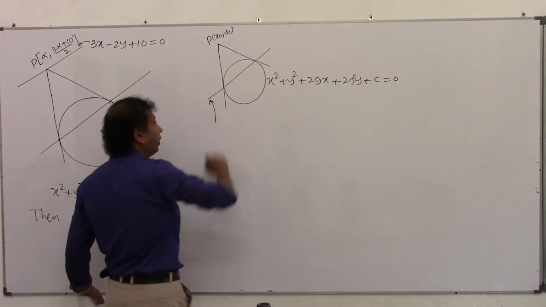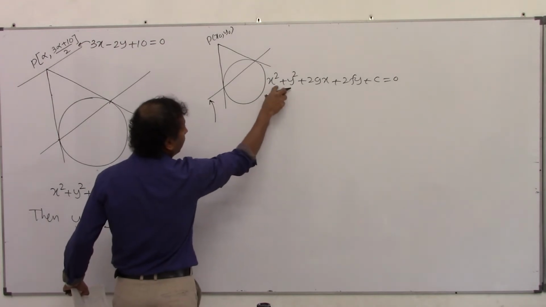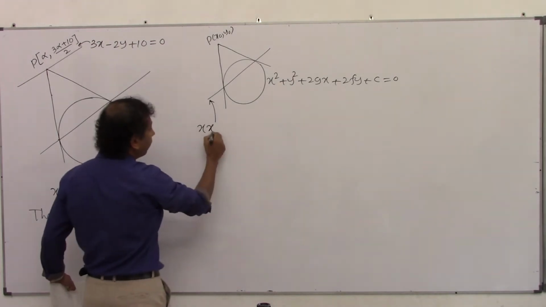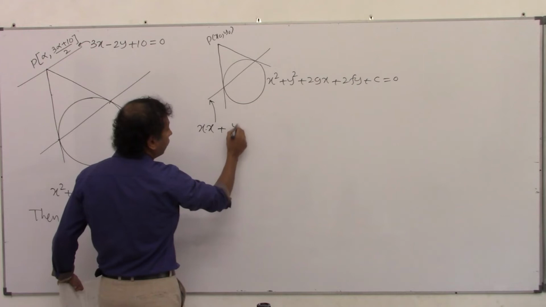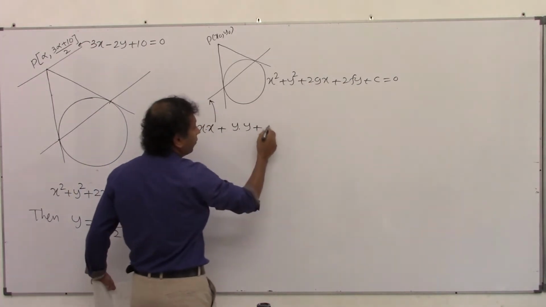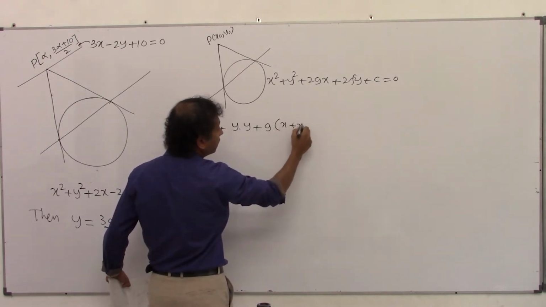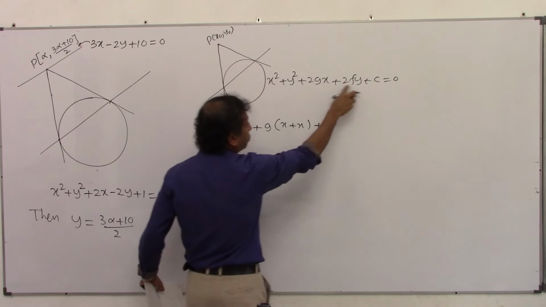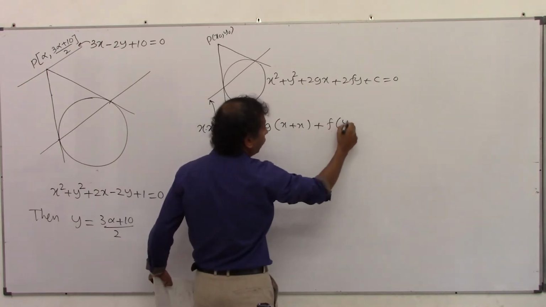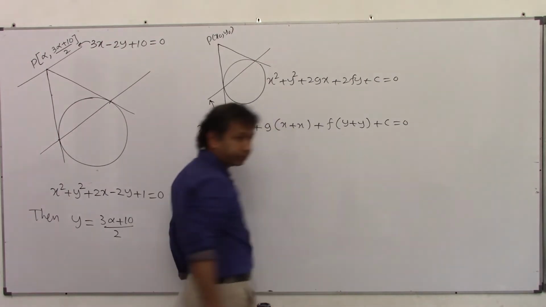We write x squared as x into x, y squared as y into y, and 2gx as g times (x plus x), and 2fy as f times (y plus y), plus c equals 0.